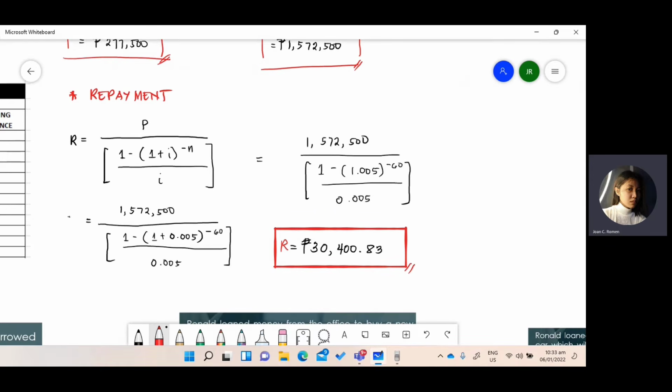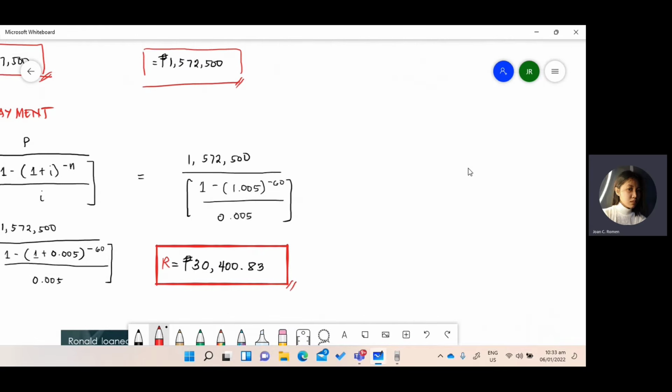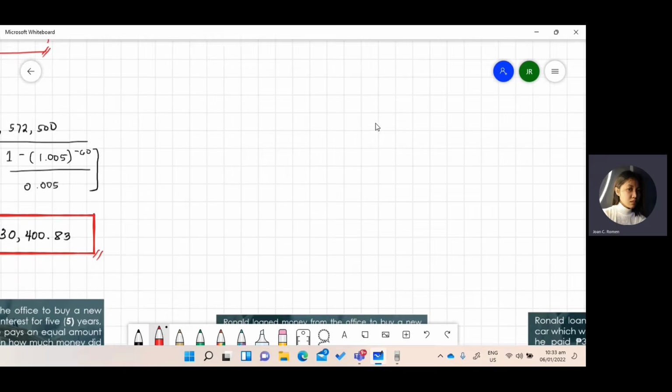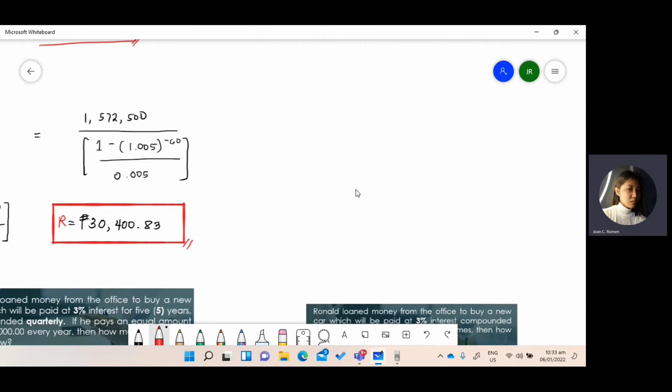Okay, so next. Next is how much will be the total repayments. So if you have 30,400.83 every month, how much is the total that you will pay within 60 months? So why is it 60 months?